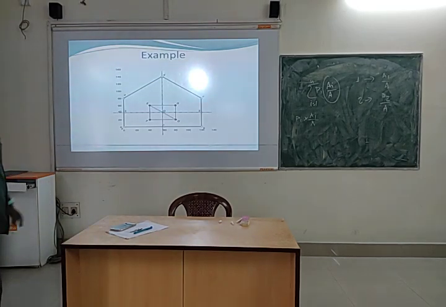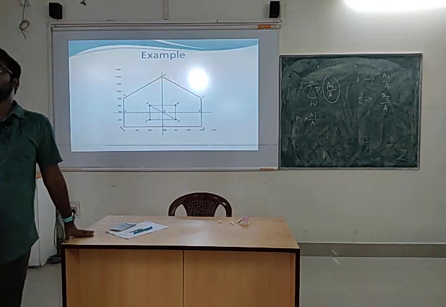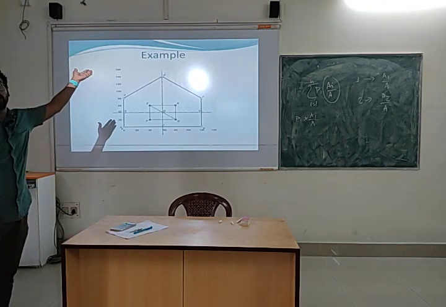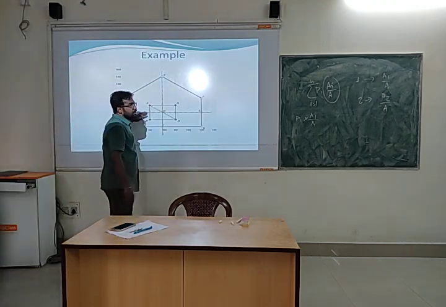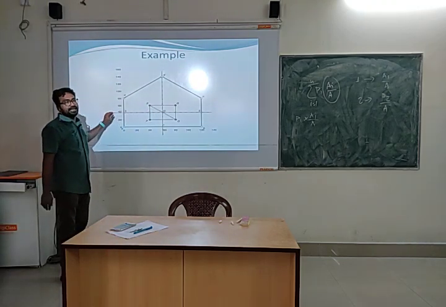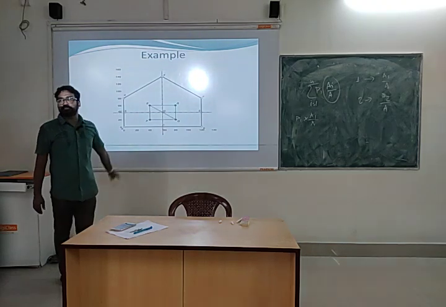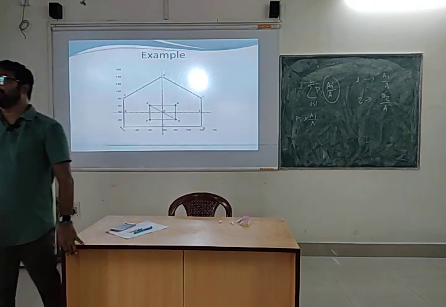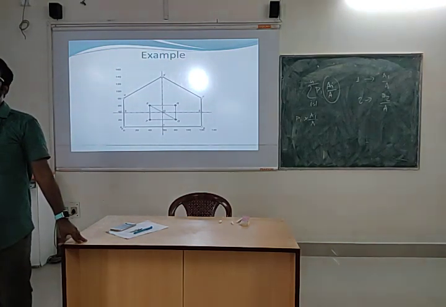Now here you can see we do not have any sort of neighboring stations. You can extend the perpendicular bisectors and eventually they will go beyond your catchment area and then you will stop. So what is the first step to find out the Thiessen's polygon?